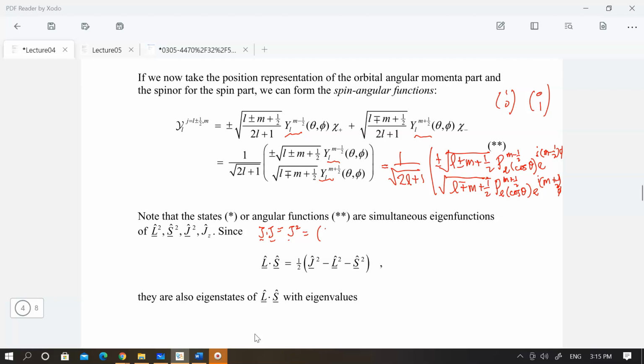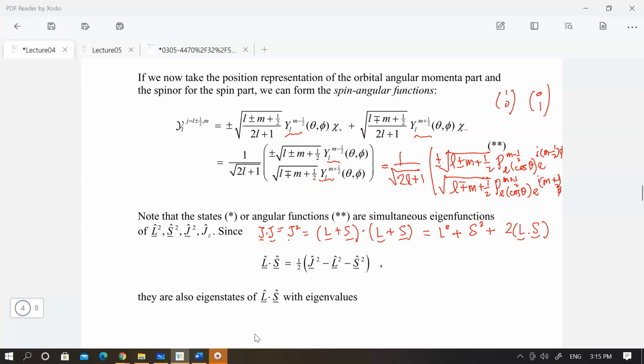So this is really equal to L plus S dotted with L plus S. And of course, you're going to get your L squared plus your S squared, and then you're going to get your 2L dot S. But remember that this whole thing is your J squared, and J squared commutes with all the other operators over here.